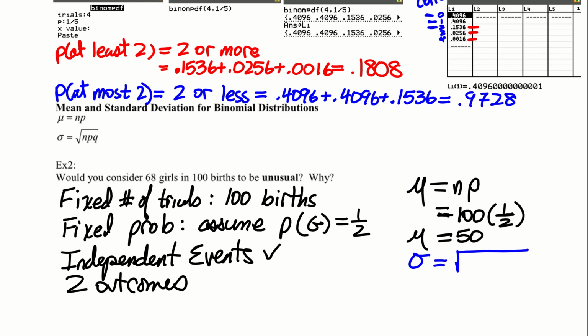Sigma is equal to the square root of NPQ. So 100 times 1/2, which is the P, times, now Q is the probability of failure, which is equal to 1 minus P. So 1 minus 1/2.